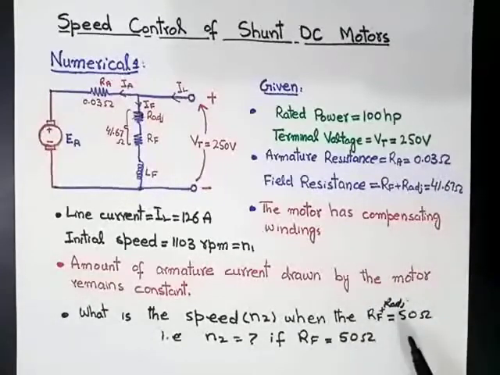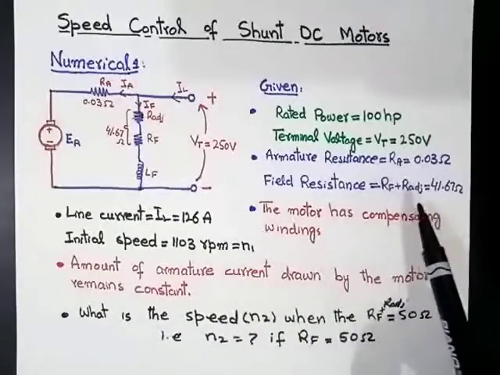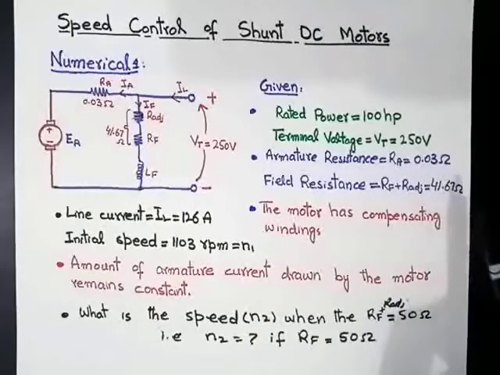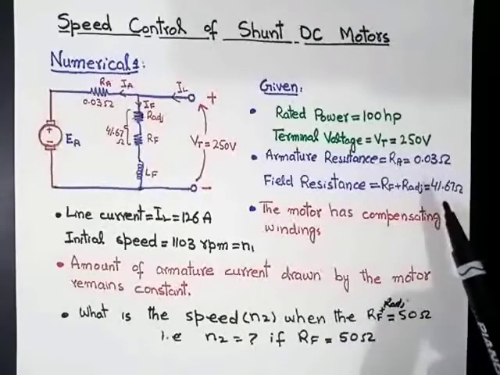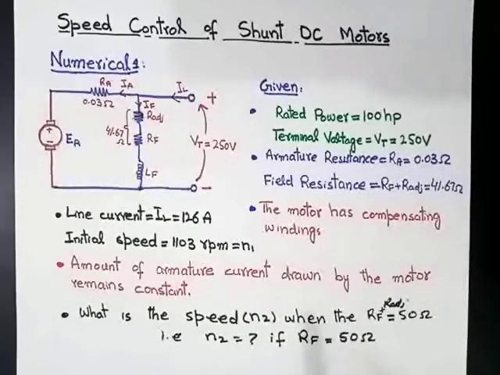Now, when we increase the field resistance from 41.67 ohm to 50 ohm, what will be the value of speed N2?